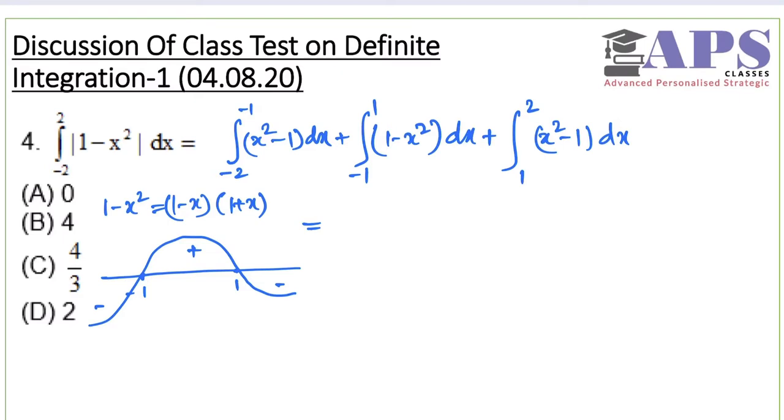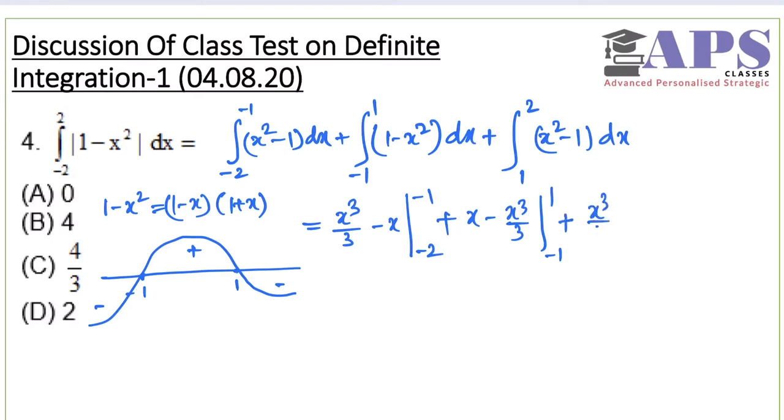So here what will I get? x square is x cube by 3 minus x from minus 2 to minus 1, then x minus x cube by 3 from minus 1 to plus 1, and then plus x cube by 3 minus x from 1 to 2.